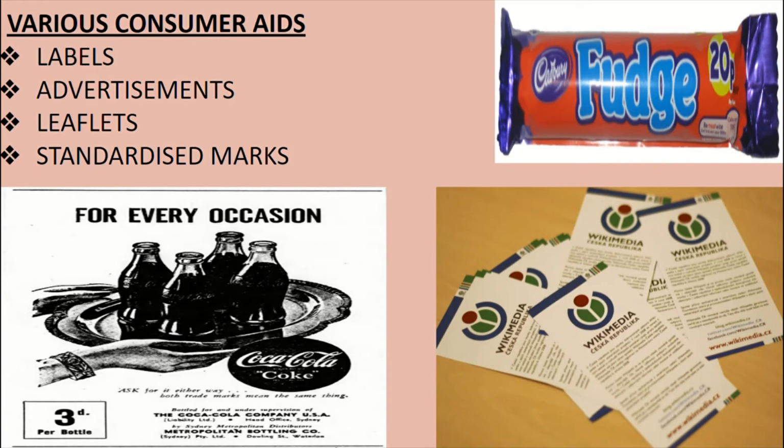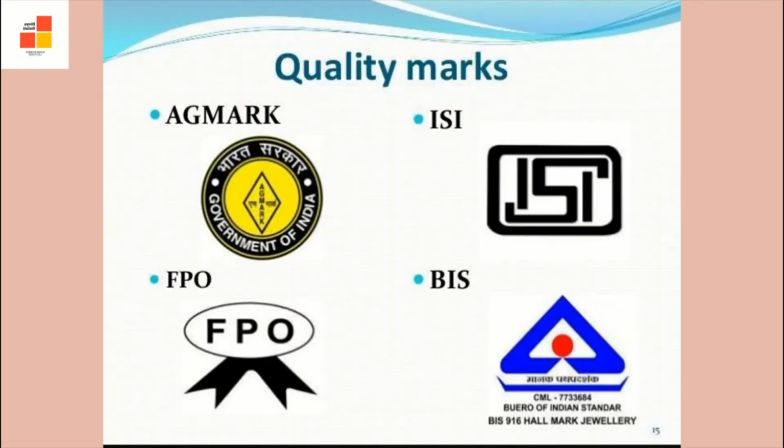They contain details of cost of equipment, instruction of maintenance. Next, standardized marks are there, various standardized marks which give the promise of quality of product. Let's see what are these standardized marks.